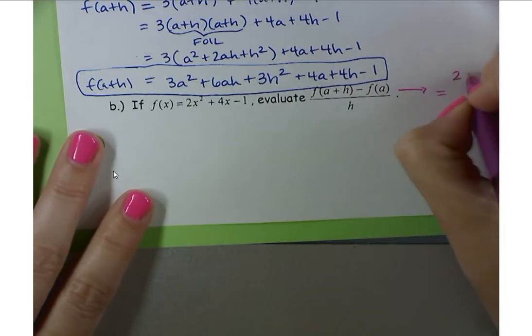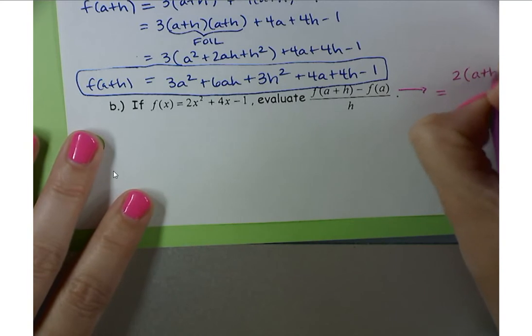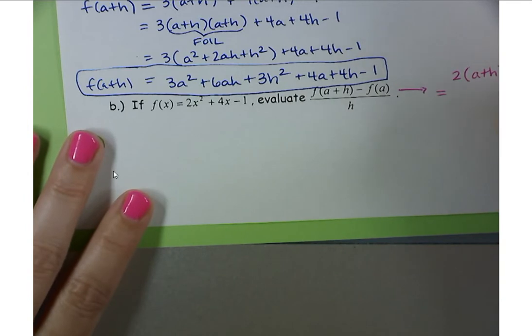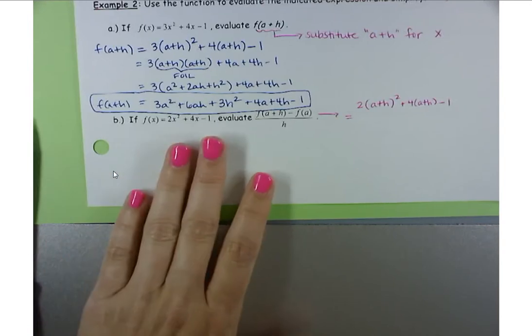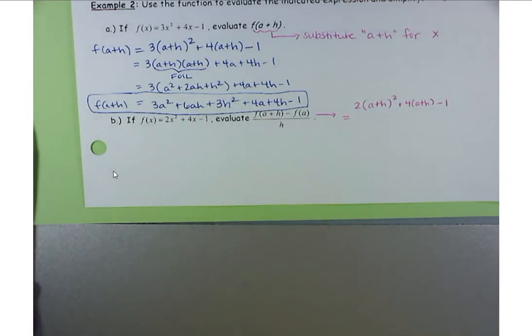So this is 2a plus h squared plus 4 times a plus h minus 1. See how that's all I've done so far? All I've done so far is just the f of a plus h. Is that okay? Alright, so now I have the minus f of a.